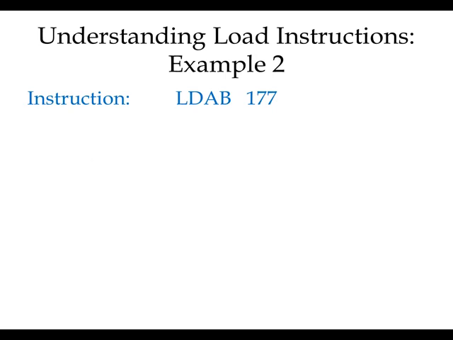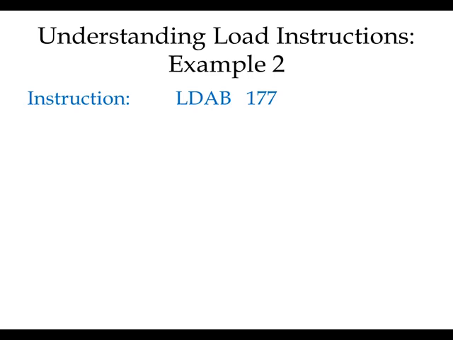We just have the same example, except for the pound sign. What is 177 here? Data or address? This time this is an address, because there is no pound sign. What is the addressing mode? Direct or extended?